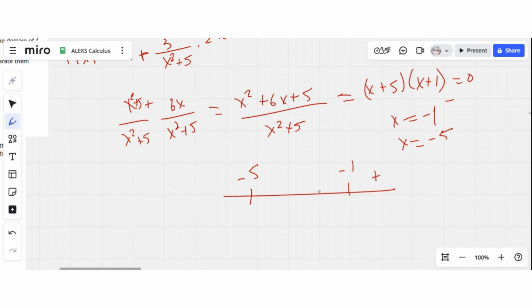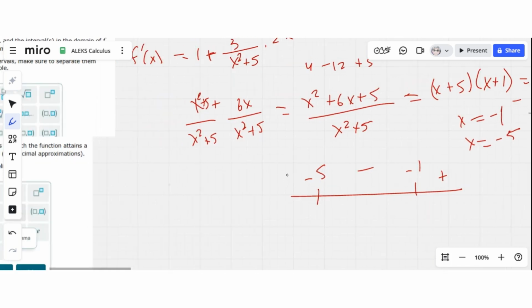If I put in, let's say, -2, I'm going to get 4 minus 12 plus 5. That's going to be negative on the top. The bottom's always going to be positive. So negative over positive is negative. And then when I get down to, let's say, -6, that's going to be 36 minus 36 plus 5. That's going to be positive on the top. So that's going to make the whole thing positive.